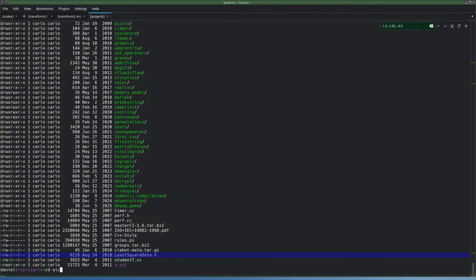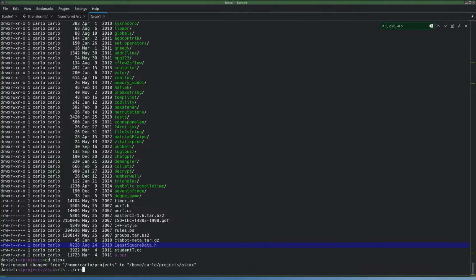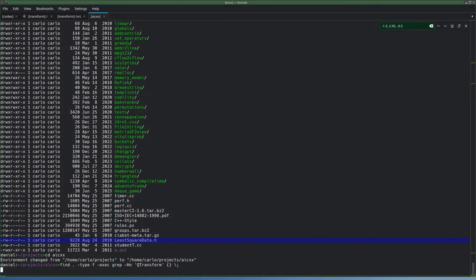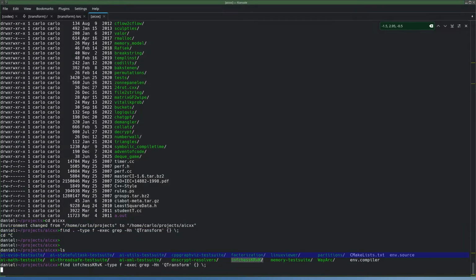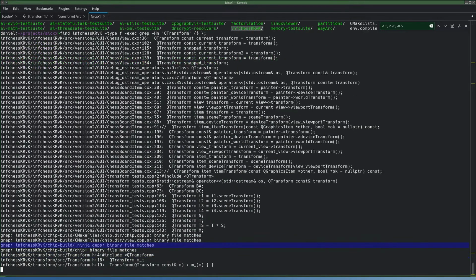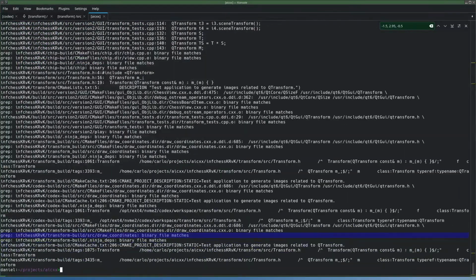Okay, I'm gonna gamble then that it is in here. This also makes no sense. Well, it is about Q transform, so yeah.